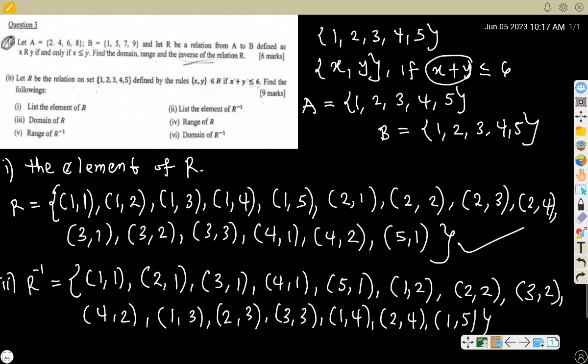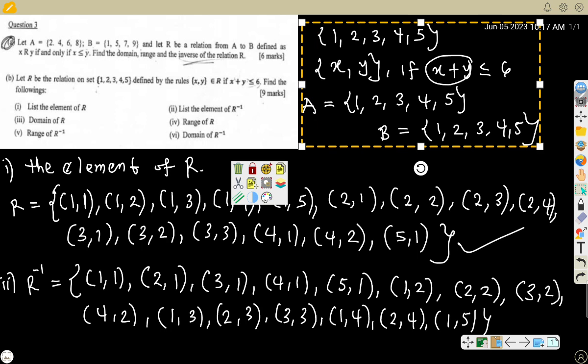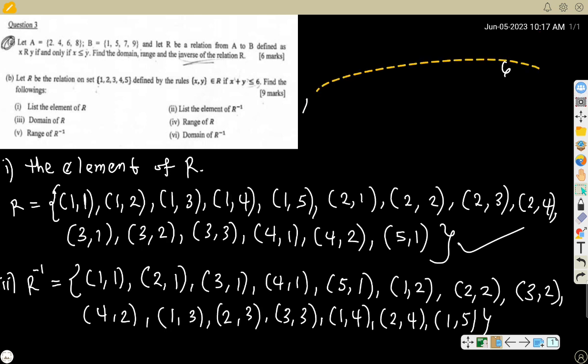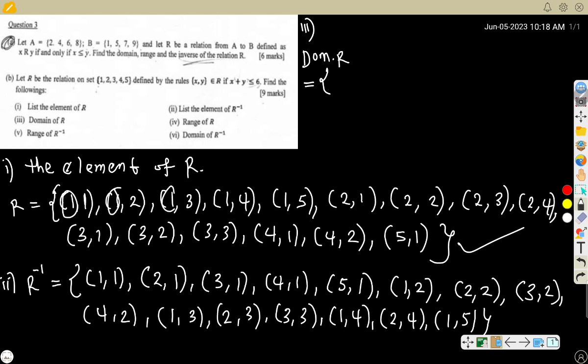So now domain of R. Remember, domain is the set of all the first member.